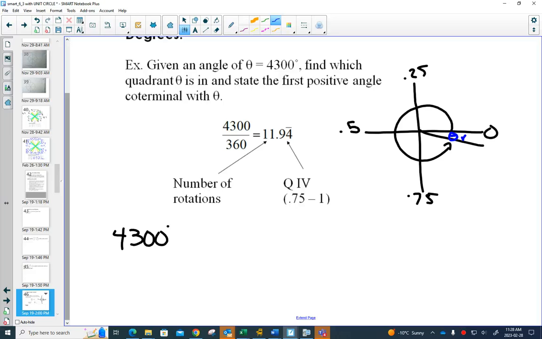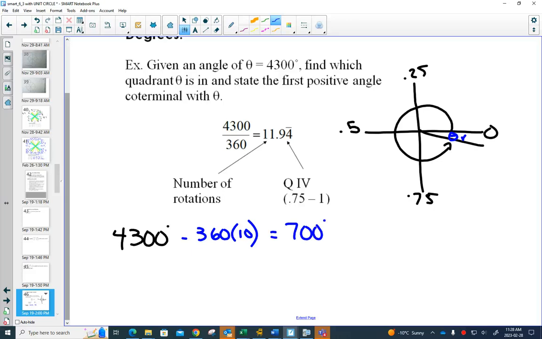What I would probably do if I didn't have a calculator is say subtracting 360 ten times is easy to do with mental math, because 10 times 360 would be 3,600. That would leave me with 700 degrees left.